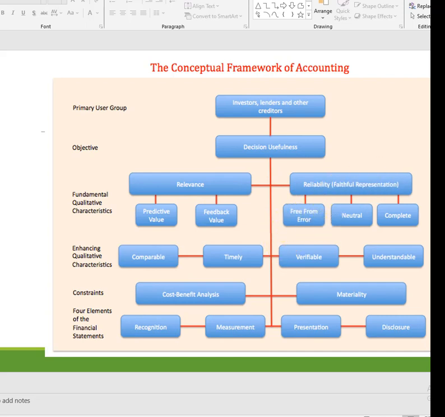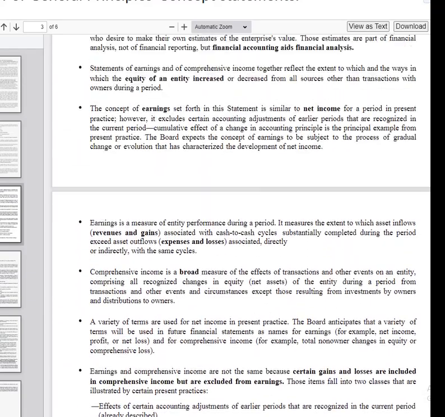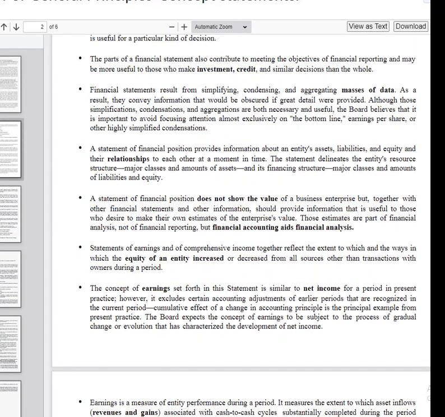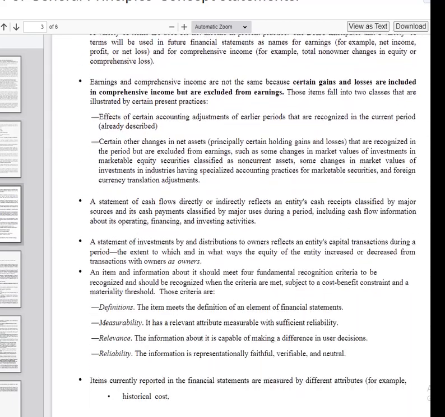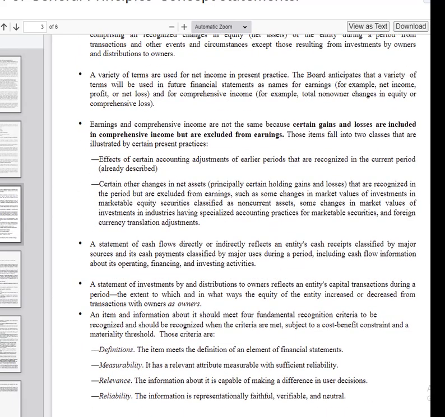And we talked, and there were definitions about it, but you also remember that we had this document that you should have reviewed already and watched a podcast about, which describes the way that the concept statements work in US GAAP.